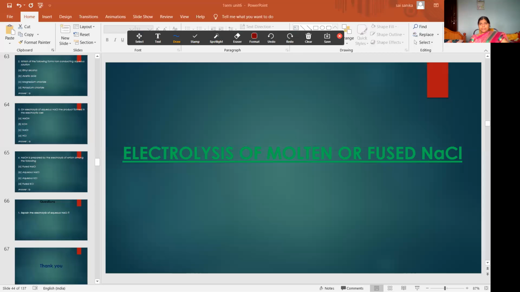Same as fused NaCl. So this is the beaker.